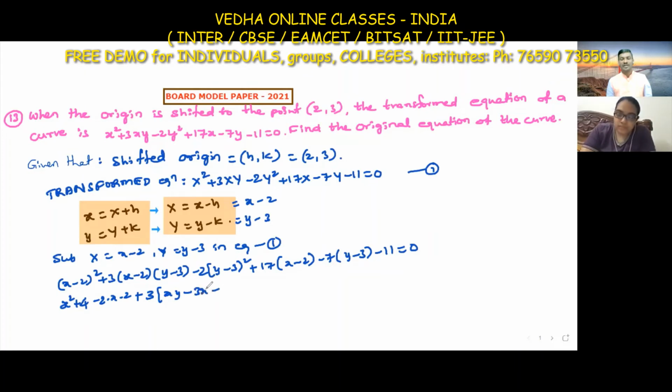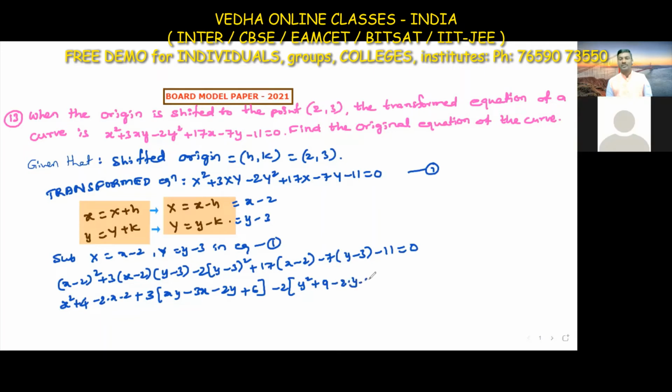Minus 2 into (y minus 3) whole square, which is y square plus 9 minus 2 into y into 3. Next multiply with 17: 17x minus 34, minus 7y, and minus into minus plus 21, minus 11 equal to 0.